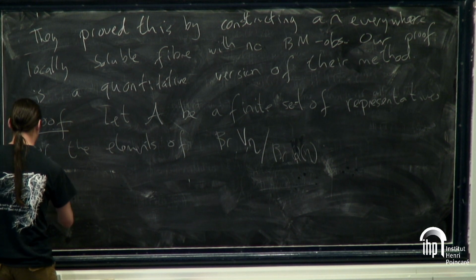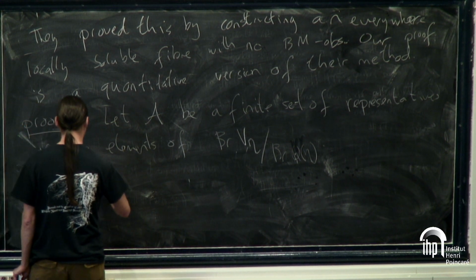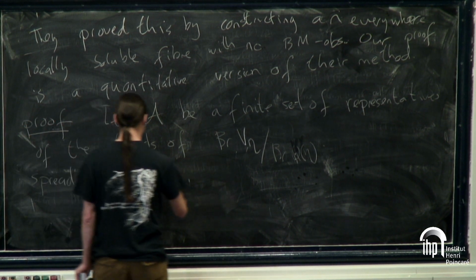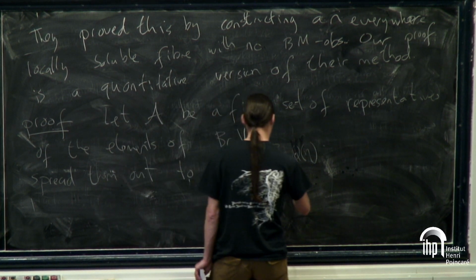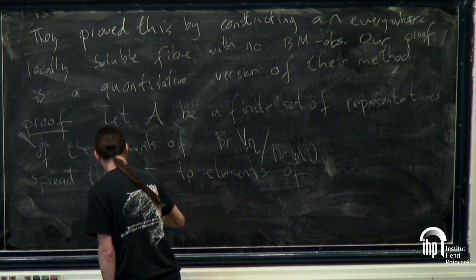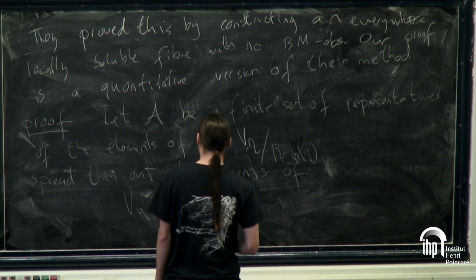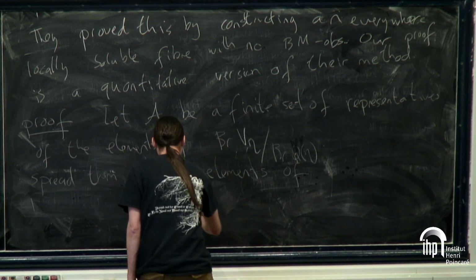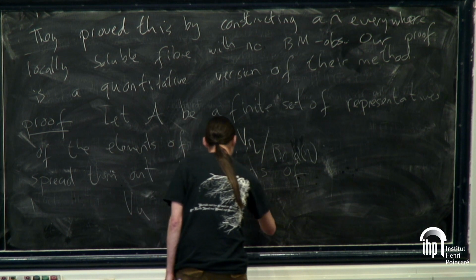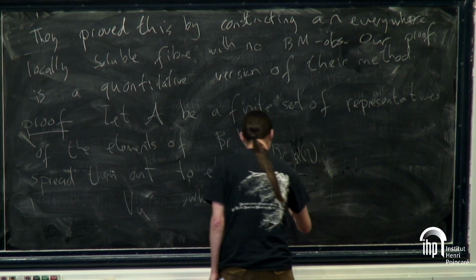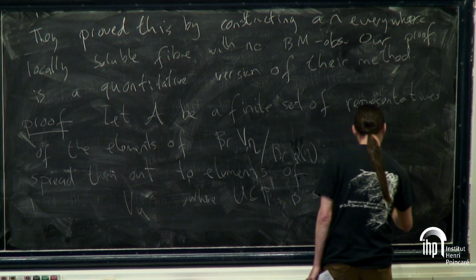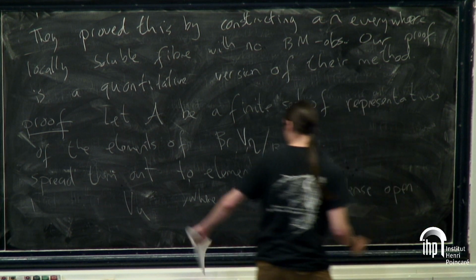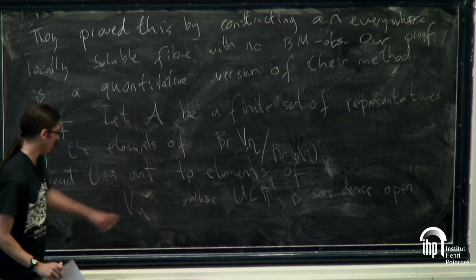And these representatives, you can spread them out to elements of V, the fiber of V over U, where U in P1 is some dense open. This is just the inverse image of U I'm writing here.